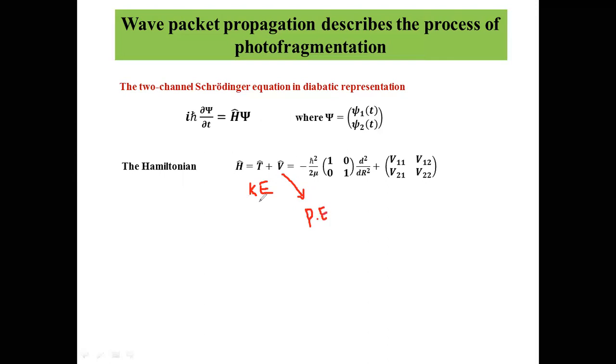Now kinetic energy is like this one. This is the matrix representation. This is an identity matrix, because this is a two-state problem.